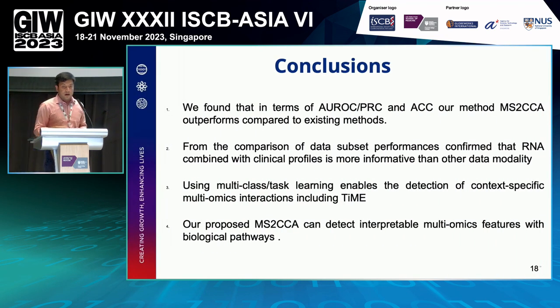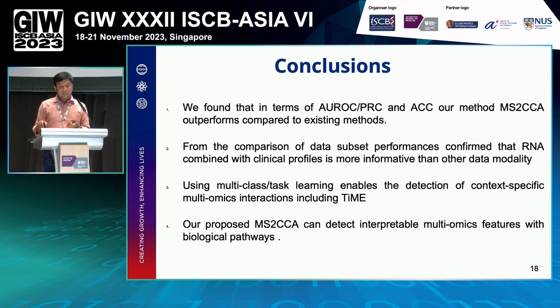Okay, so what I found with my method: in terms of classification measures like AUROC, PRC and SSC, our method, what we call multi-class supervised sparse CCA, outperforms existing methods. And from the comparison of data subset performance, we found RNA with clinical profile was much more informative.